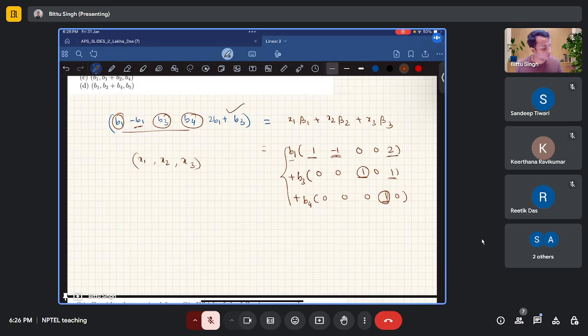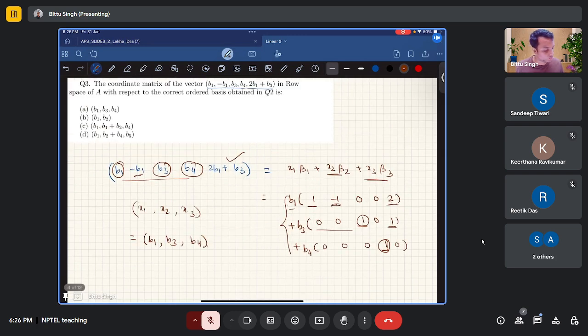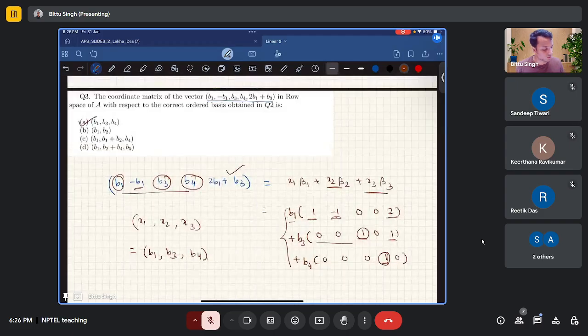Therefore the answer is, here you can see x1 is b1, x2 times beta 2, this was our beta 2, so it is b3, and x3 times beta 3, which is b4 times 1, so it is b4. Therefore the correct option will be this, b1 comma b3 comma b4. Is it clear?